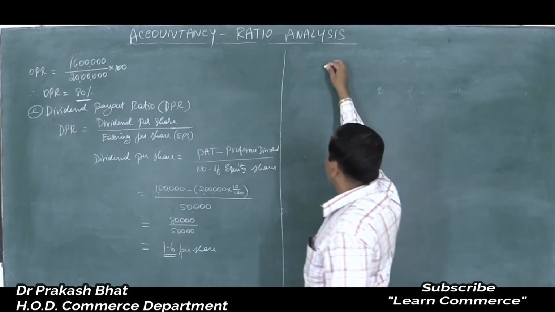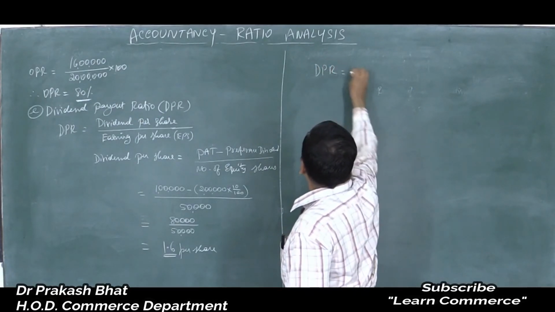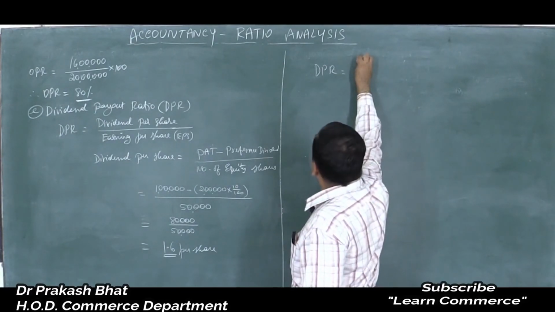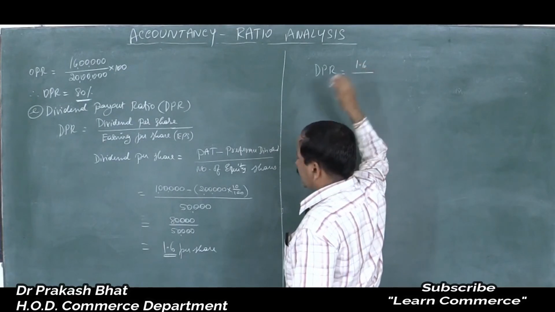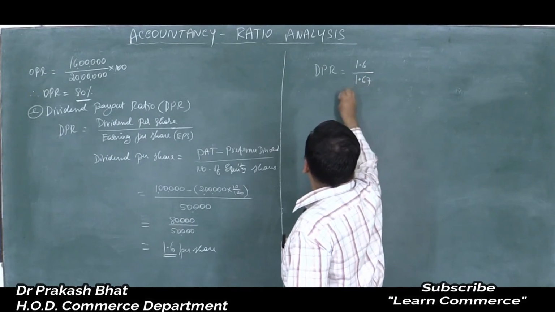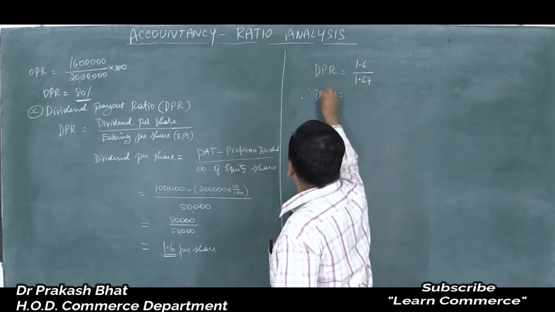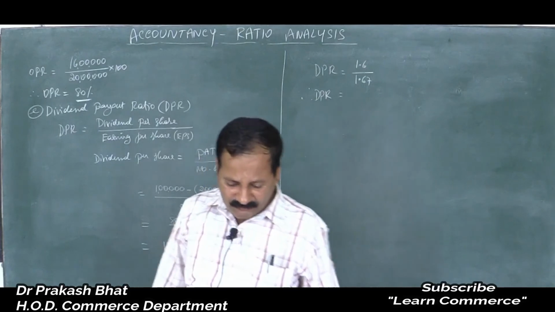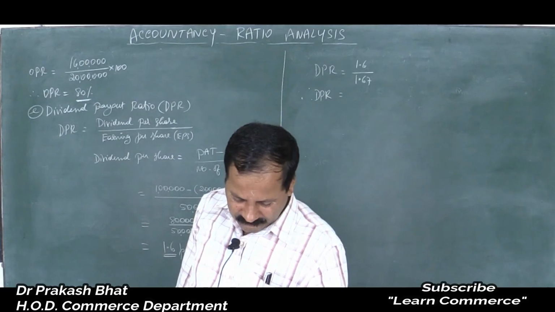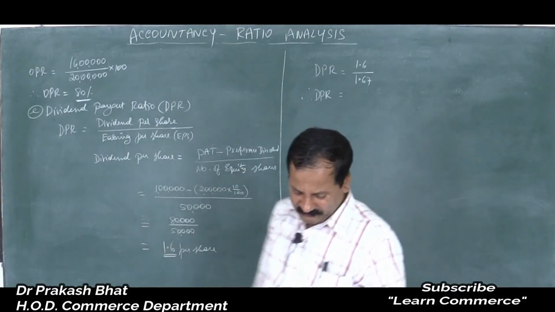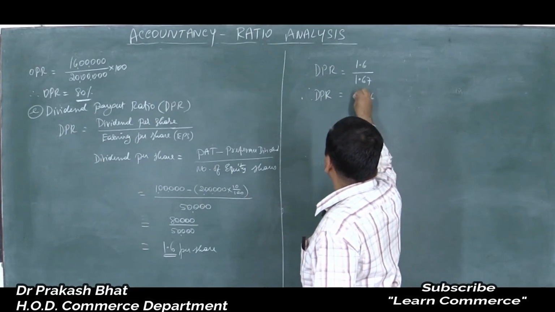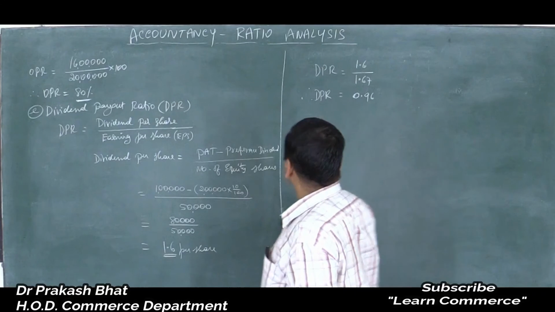So therefore DPR, dividend payout ratio, is equal to dividend per share, that is 1.6, divided by earnings per share 1.67. Therefore DPR is equal to how much? 0.96. This is what we have to do.